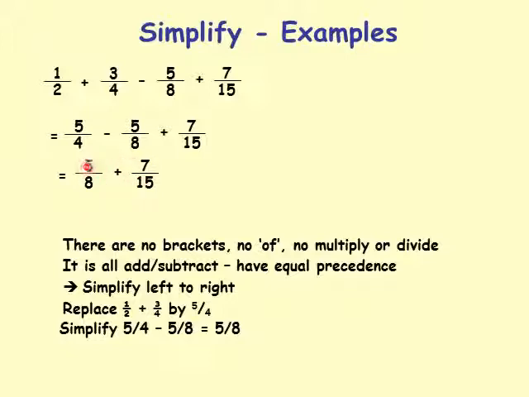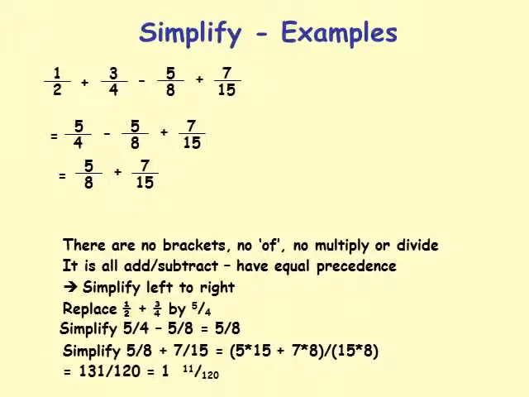Now we can do vertical and crosswise here. Multiply crosswise in the numerator: 5 times 15 plus 7 times 8. In the denominator, it's horizontally 8 times 15.